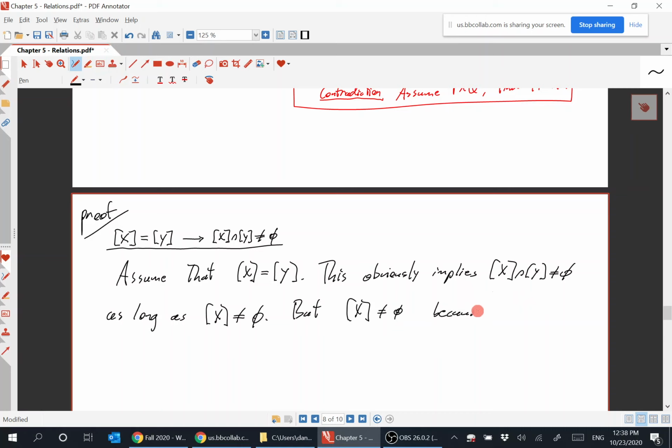There's always guaranteed to be one thing related to X in an equivalence relation: X itself.